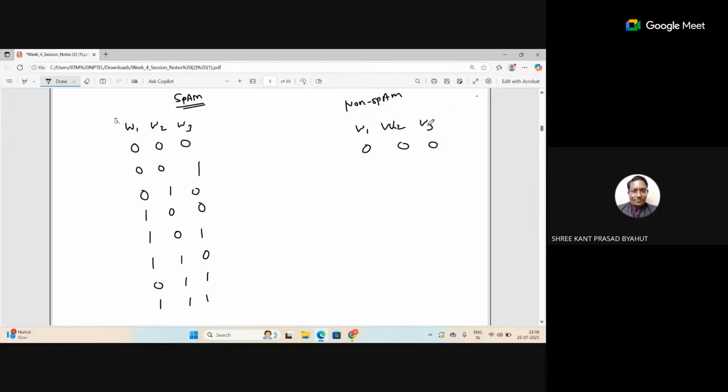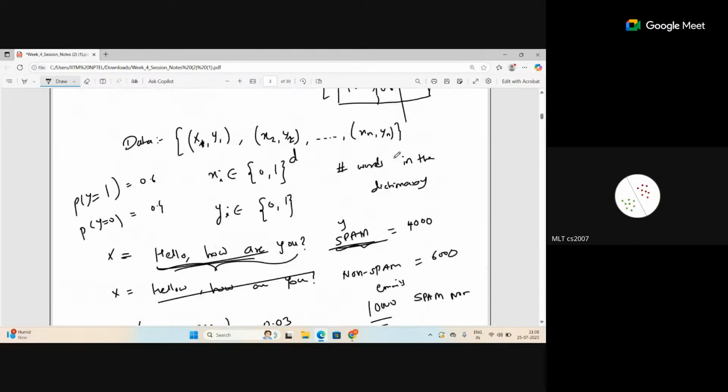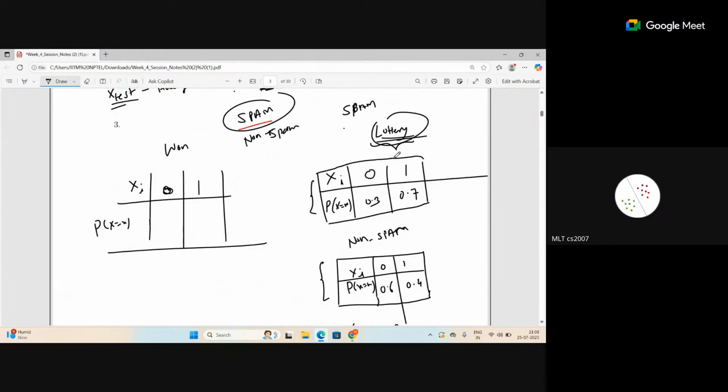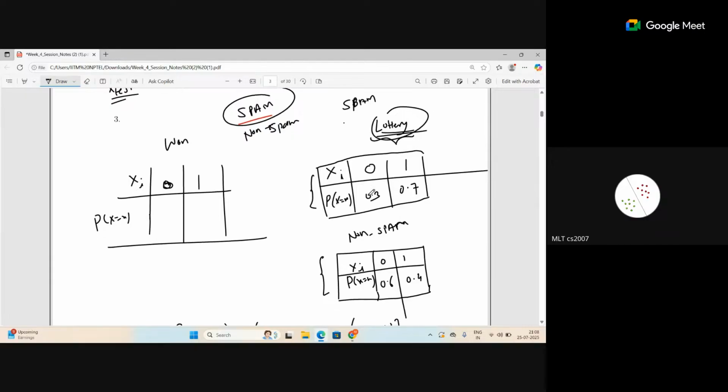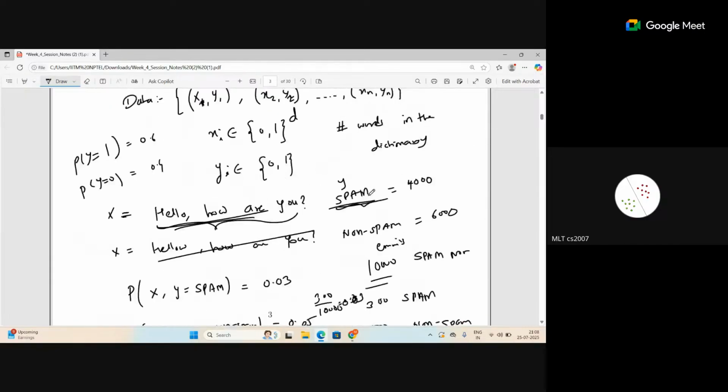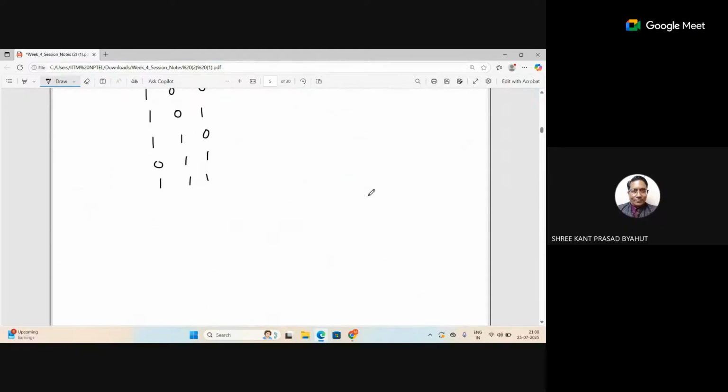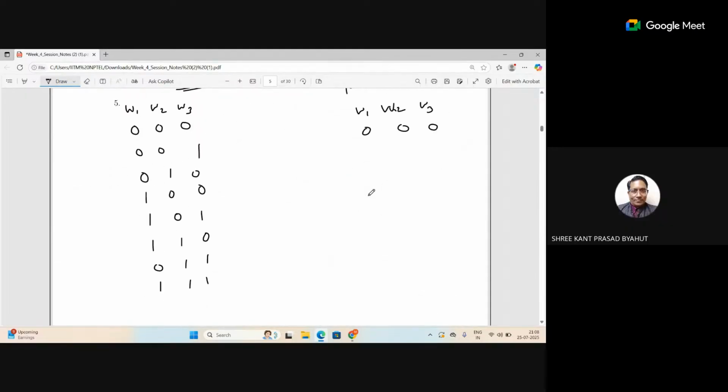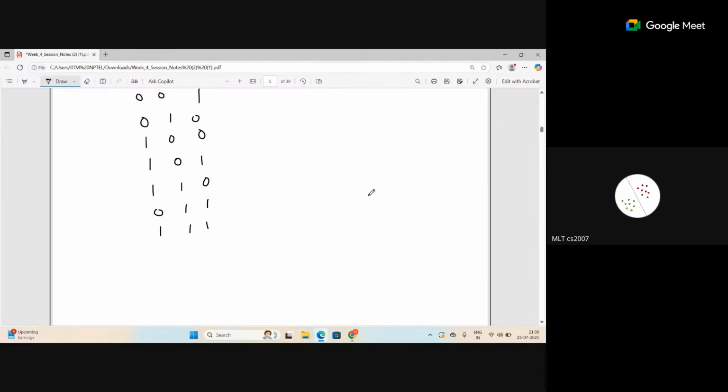I showed you one example of the word lottery. The probability distribution is different, right? Let's take that example, and assume that all of these words occur independently, so that we can find the probabilities very easily.